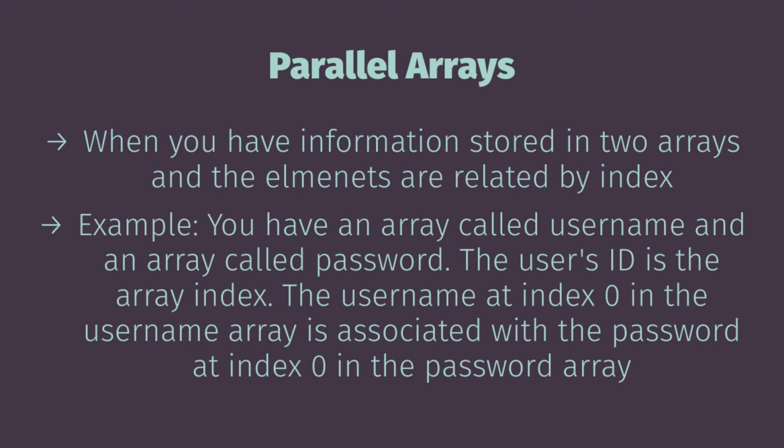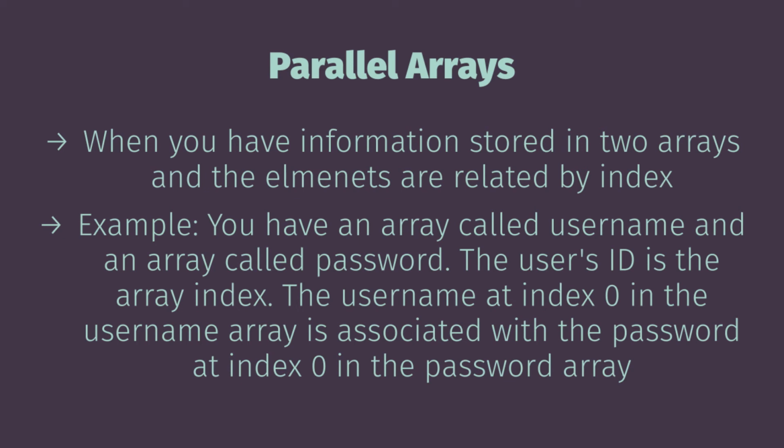And we'll see this in the book, where one array holds a list of usernames, and another array holds a list of passwords. What we're going to do is come up with a rule that anything at a given index number in one array is tied to the same index in another array. So the username at index 0 is associated with the password at index 0 in the password array.